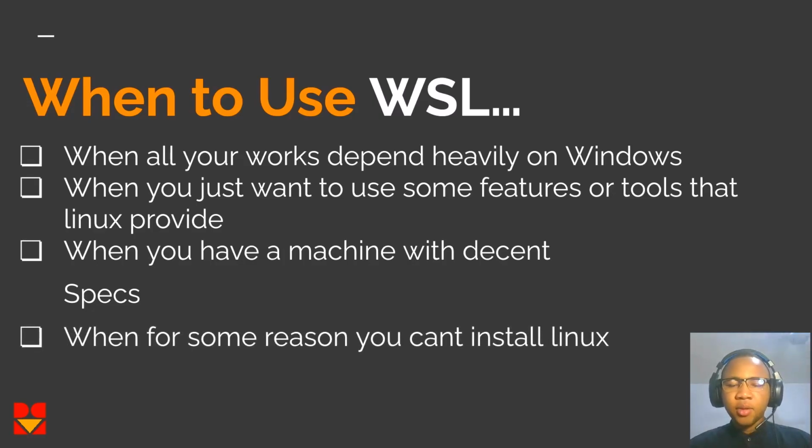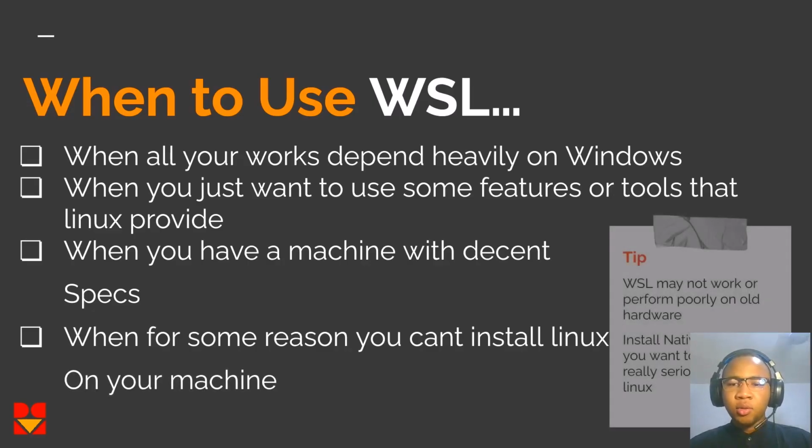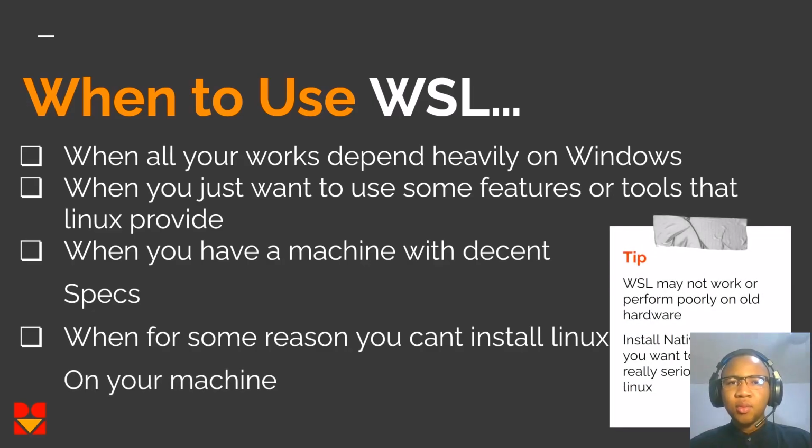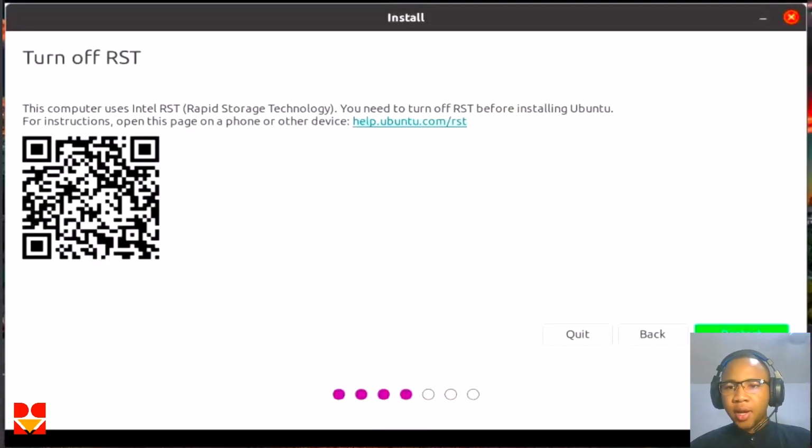And then for some reason you can't install Linux, right? On your machine, there are some machines that if you try installing Linux on them, you just can't. You would have to make use of some workaround. Sometimes it proves abortive. For instance, I tried installing Ubuntu on a couple of machines, and then I had this screen, right? Turn off the RST, that's the Rapid Storage Technology.